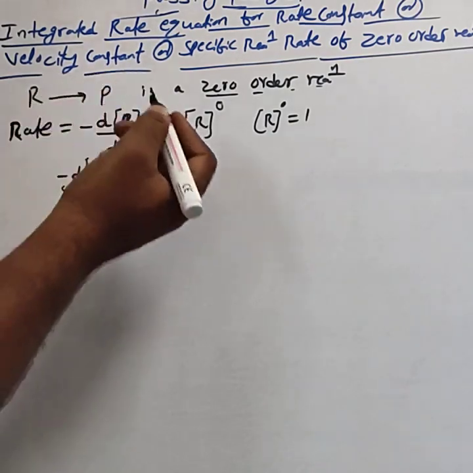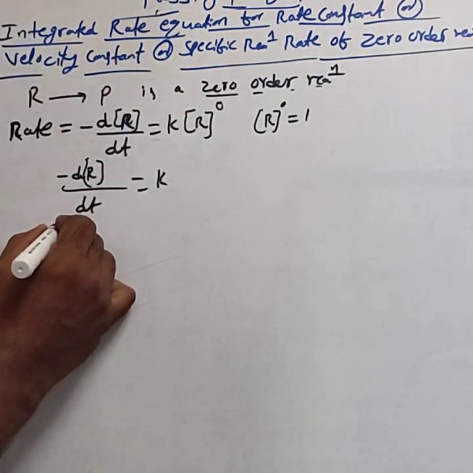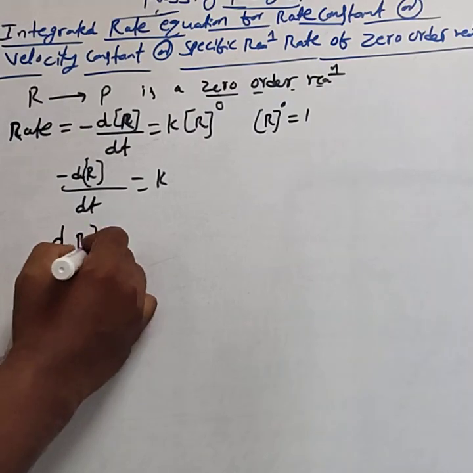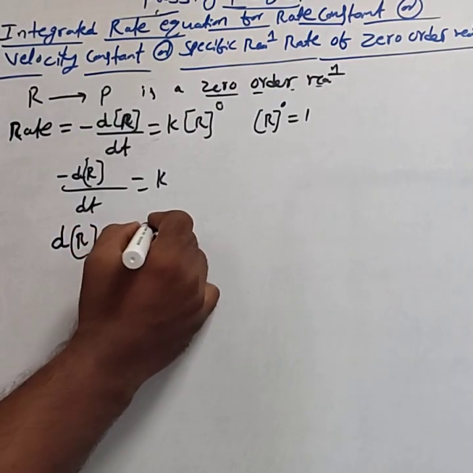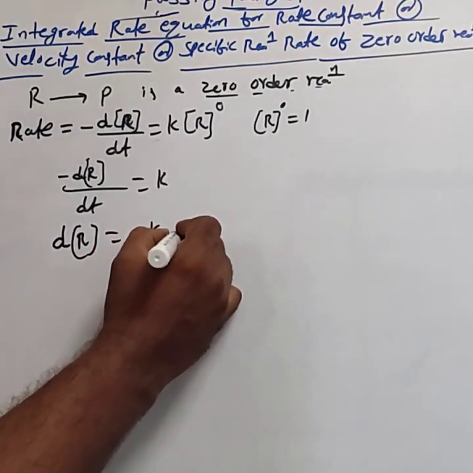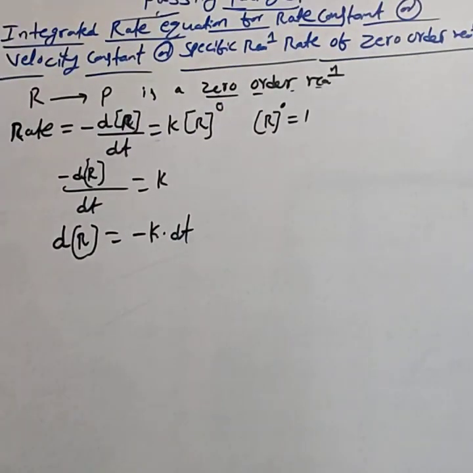Then rearrange these terms: dR equals minus k into dt is the rearrangement.